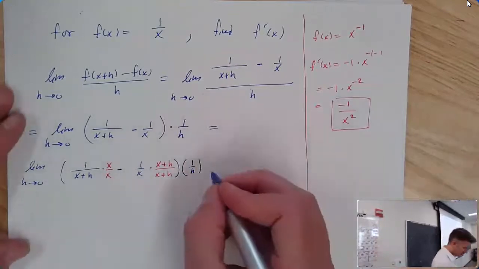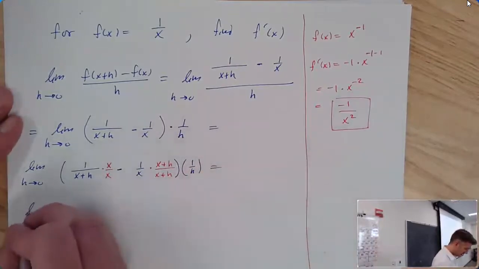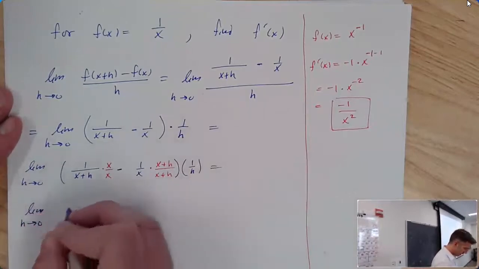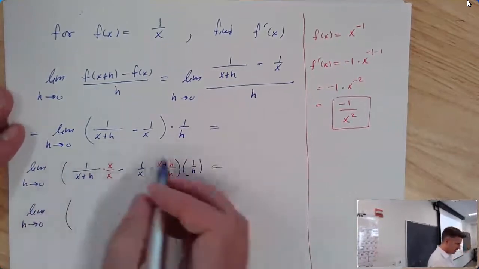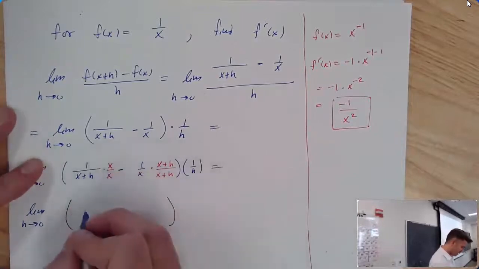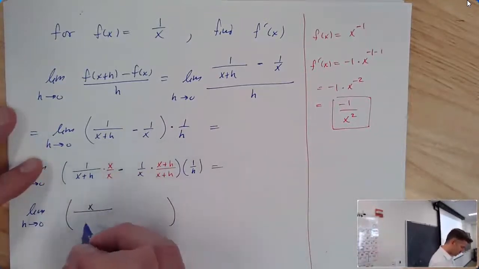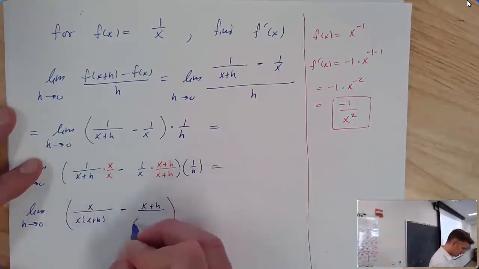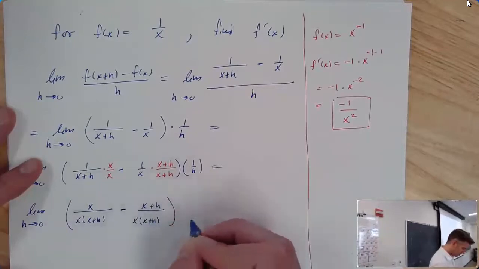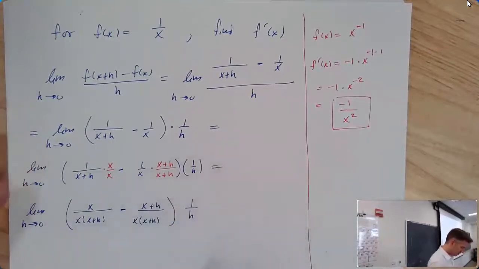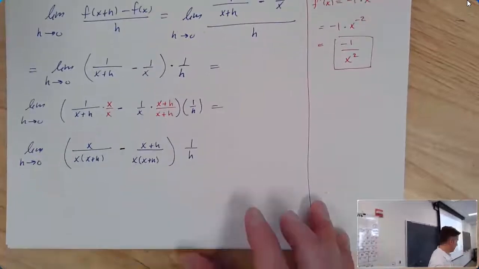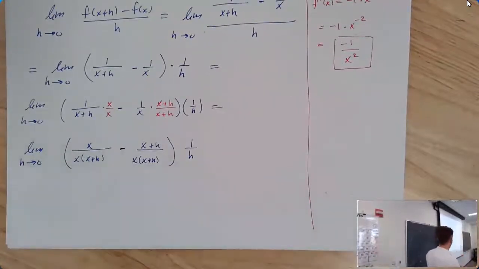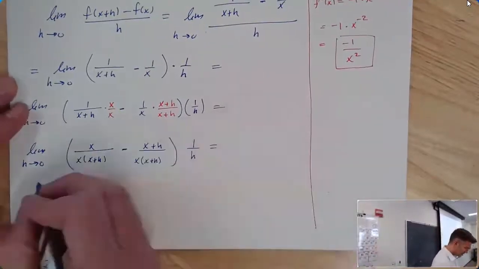So now we have the limit as h goes to 0 of, inside these parentheses, x over x times x plus h minus x plus h over x times x plus h. I can combine those two fractions together. That's the whole point of getting a common denominator. I can subtract those fractions and get the following.